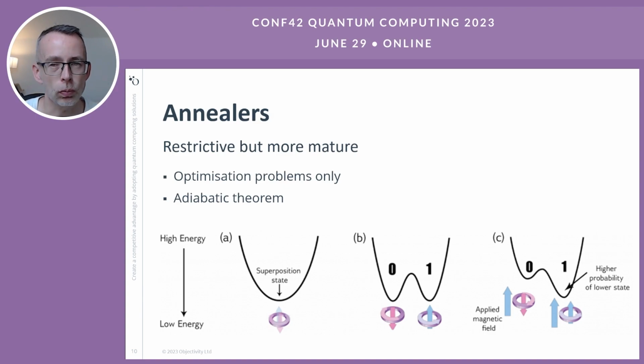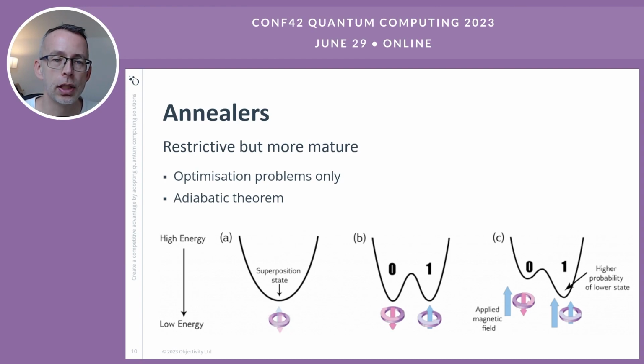Annealers are based on the idea of the annealing process in metallurgy. When you heat a metal, the atoms of that metal are in a fairly chaotic state, and as it cools down, it settles into a structure at an energy minimum.